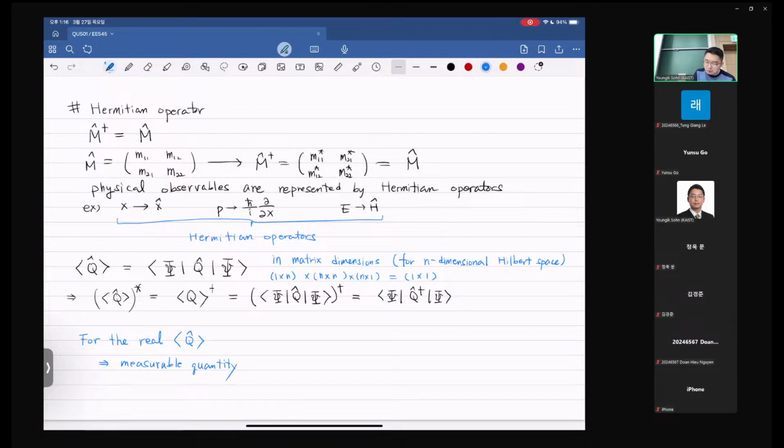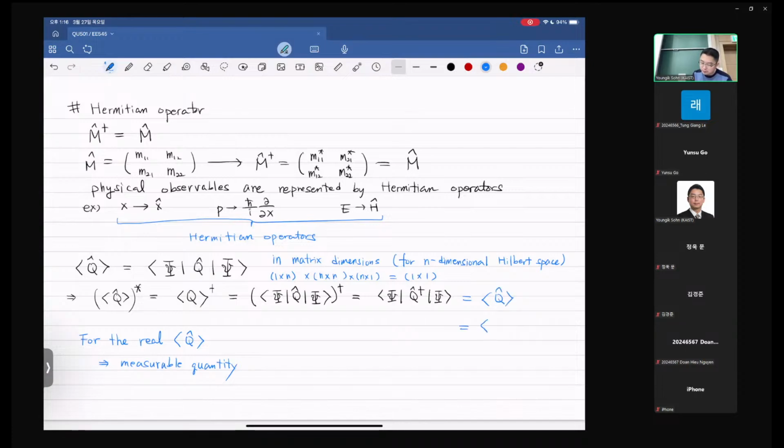Okay, so for that case, for a real number, you take the complex conjugate here, and it doesn't do anything, so it's going to be the same, right? It's going to be this.